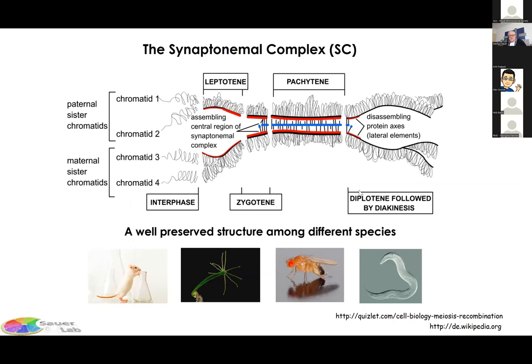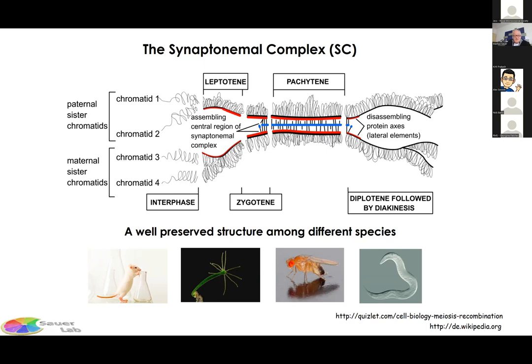The last image is about dSTORM. Because I want to come back to the synaptonemal complex later, I will introduce it already here. You can now use different antibodies from companies or from colleagues and label all the proteins of a multi-protein complex, like here the synaptonemal complex, which is a well-preserved structure among many different species.